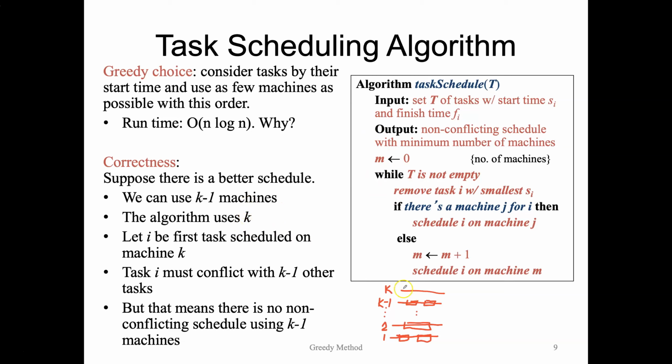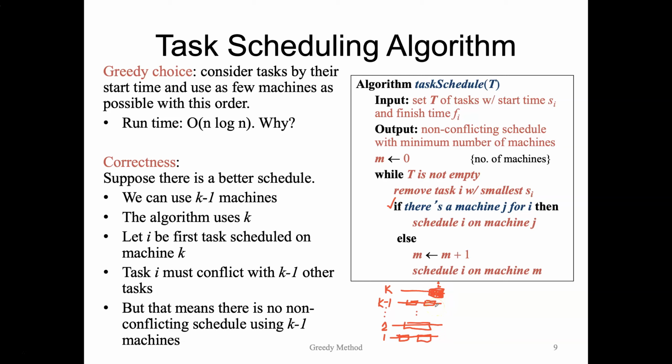So why do we need k machines? Let's look at what the first task is that we scheduled on this machine. So here's a task, let's call it I, that our greedy method had to schedule on machine k. So why did our greedy method schedule it on machine k? Well, our first step was to check, was there some machine for this task? And in doing so, we checked all of the other machines, and if there was one which was available, which didn't conflict with this task, then our greedy method would have scheduled it on that machine.